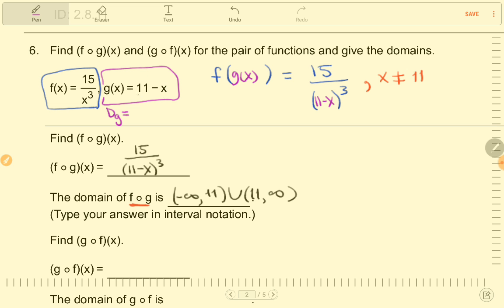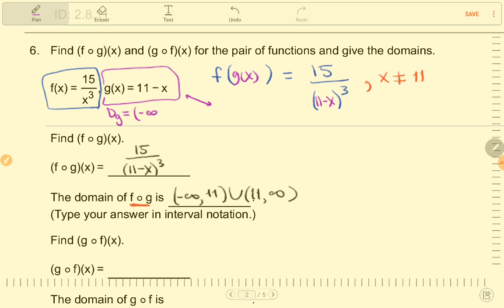And this is a linear function, right? It's mx plus b, where the slope is -1 and the y-intercept is 11. So it's a slanted line which has no restrictions horizontally, so no restrictions on x, which means that my domain is negative infinity to infinity, like it is with all slanted lines.